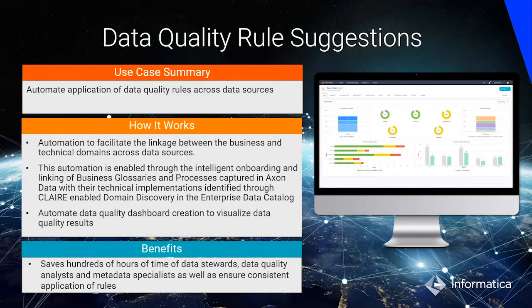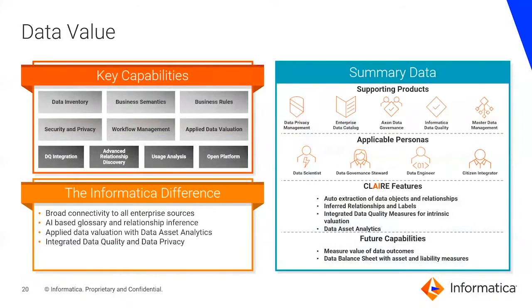CLAIRE and Axon automatically apply these data quality rules against all of these different data instances. Combine that with Enterprise Data Catalog's capability of bringing these data quality rule results along with the data assets, and data analysts have an end-to-end solution to first identify what data assets are available, whether they are fit for use or not, and look at all the data quality results even before they begin their analysis.